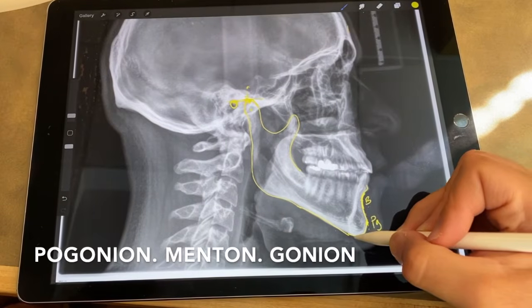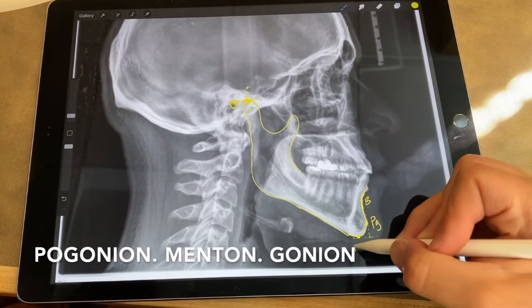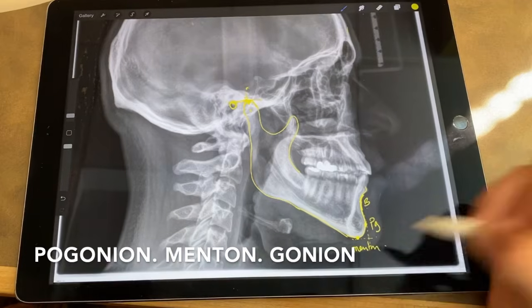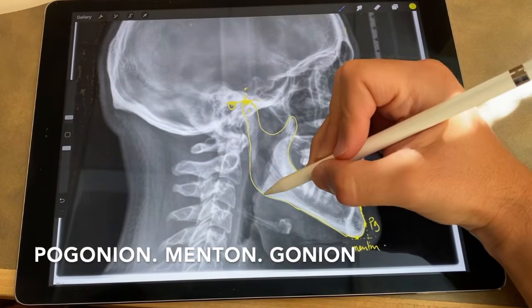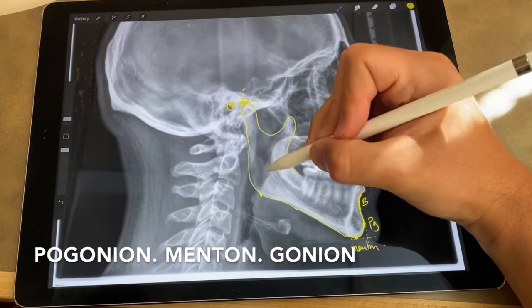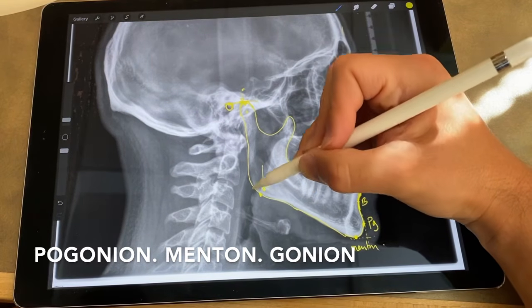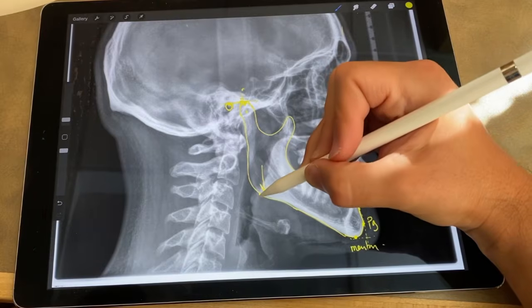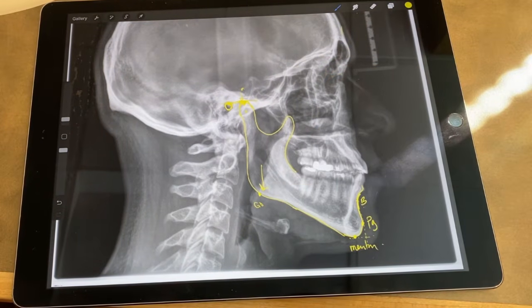And the most inferior point right here is menton. Okay, so those are important points. And then we have gonion right back here, which is the most inferior portion of the convex portion of the posterior mandible, right there. So those are some important landmarks.